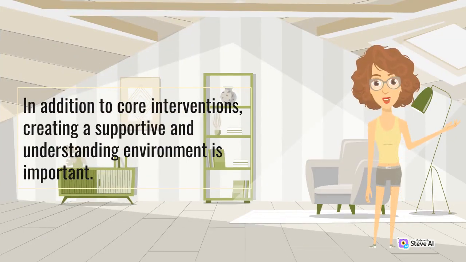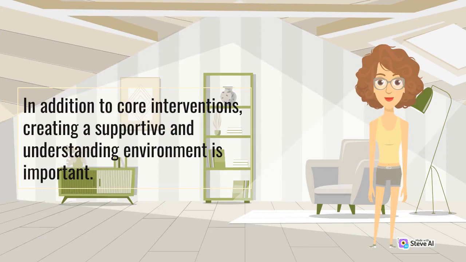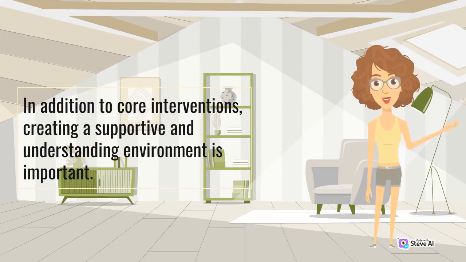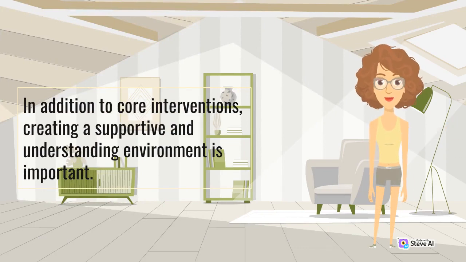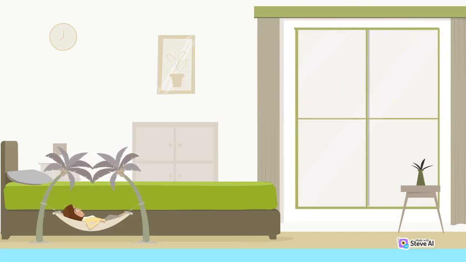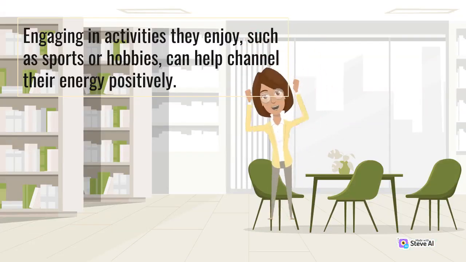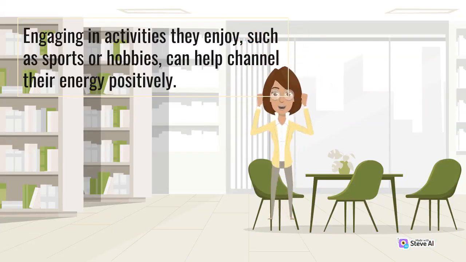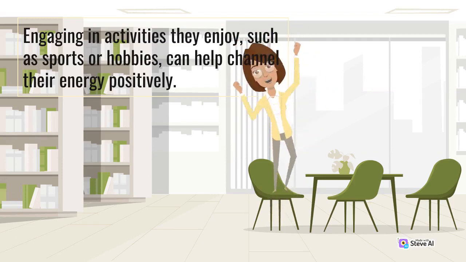In addition to core interventions, creating a supportive and understanding environment is important. Regular physical exercise, healthy sleep habits, and minimizing electronic distractions can all support children with ADHD. Engaging in activities they enjoy, such as sports or hobbies, can help channel their energy positively.